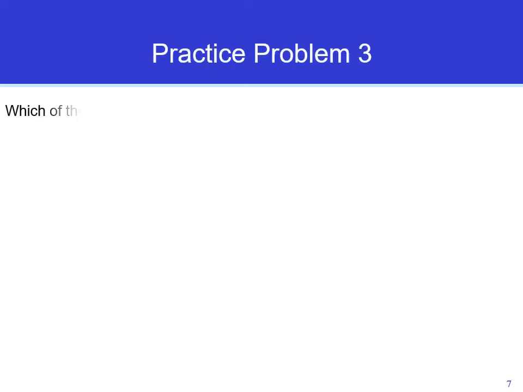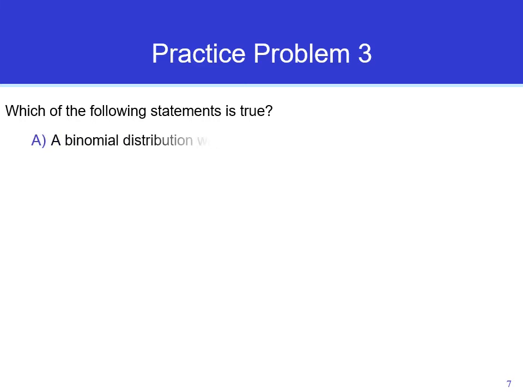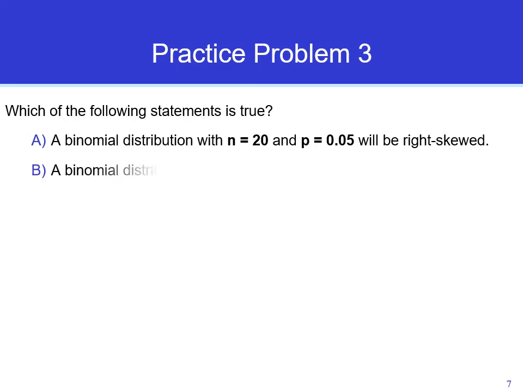Let's see a practice problem. Which of the following statements is true? A, a binomial distribution with n equal to 20 and p equal to 0.05 will be right skewed. B, a binomial distribution with n equal to 6 and p equal to 50% will be symmetric.